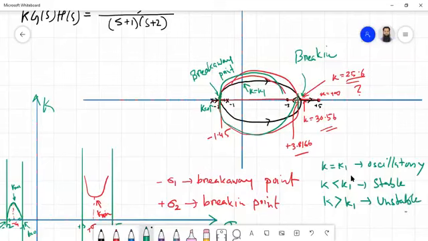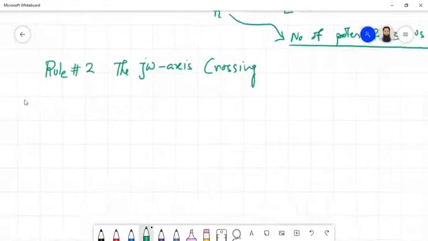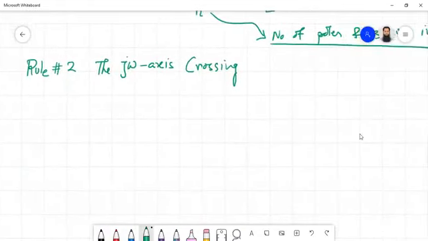Is it okay? We can find this information if we know whether our system is crossing the j omega axis or not. So it is always better to go for the j omega axis crossing. It will help us figure out whether the system at some point becomes unstable.